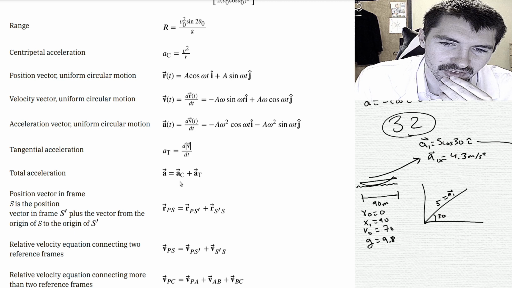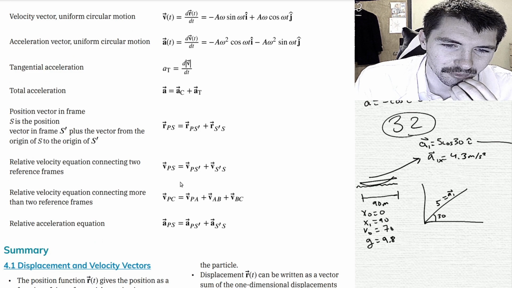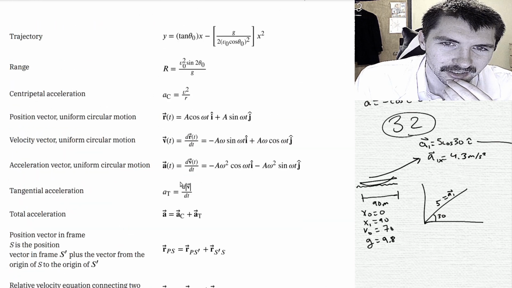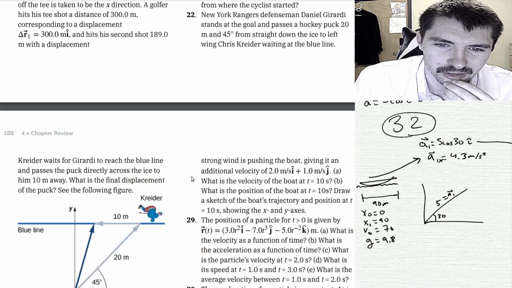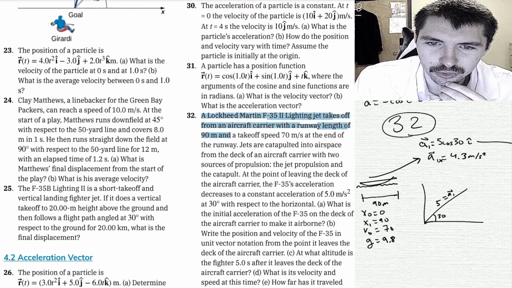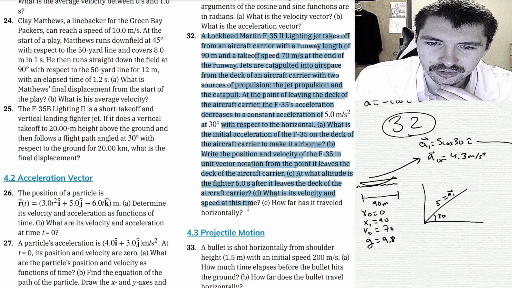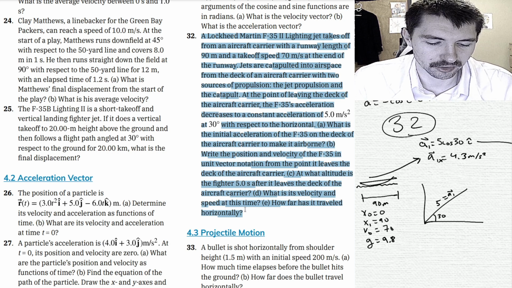But isn't that for centripetal motion? Time to break out the tough tools. So constant acceleration of 5 at 30.